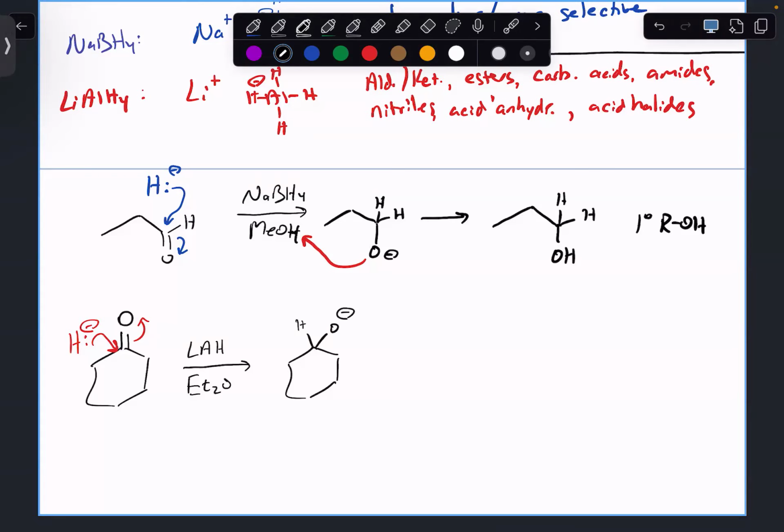So much like the Grignard reactions, remember how in the Grignard reactions we always had a step 2, H plus. You're going to do that with the LAH as well. I need to, at some point, give that some acid so it can protonate and I can isolate a neutral organic molecule. So in the next step, we will acidify, and then we can protonate the alkoxide.